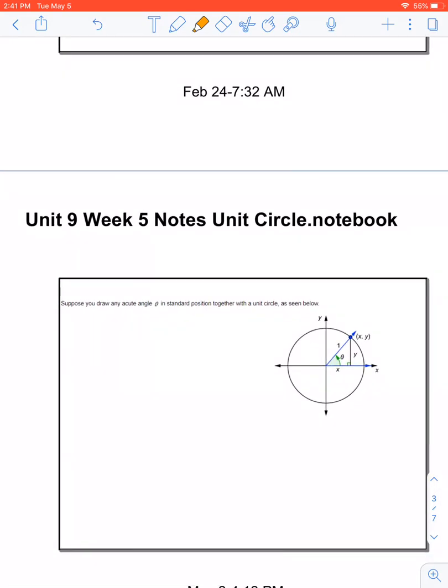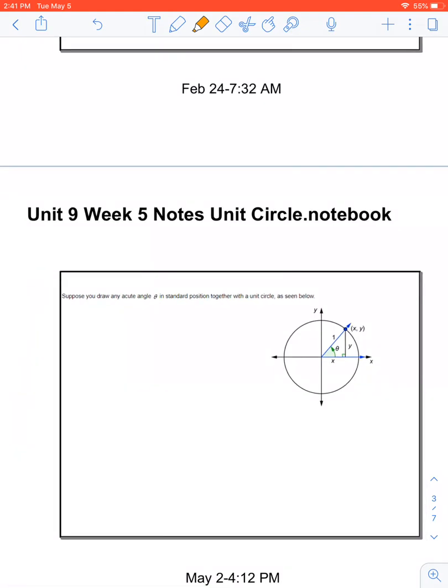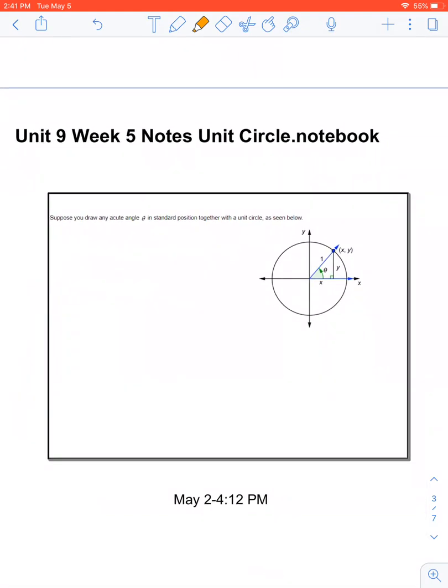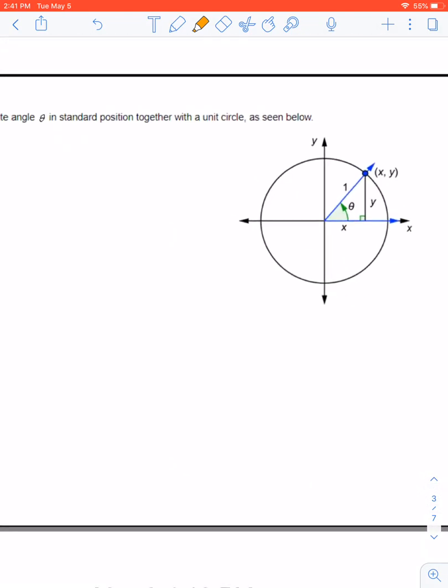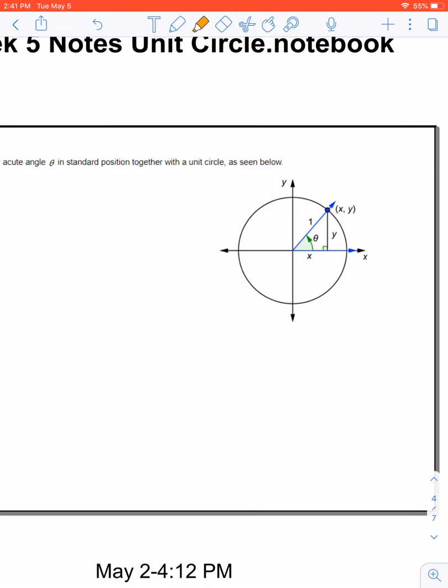So let's look and see what's going on here. Let's talk about how you find those coordinates. So suppose you draw an acute angle, okay? We've done this numerous times in standard position together with the unit circle, as seen below. So I drew an angle. I have my initial side right there, and my terminal side.